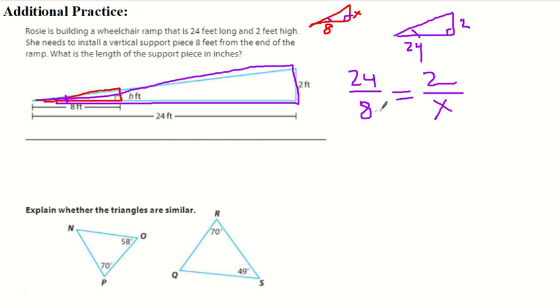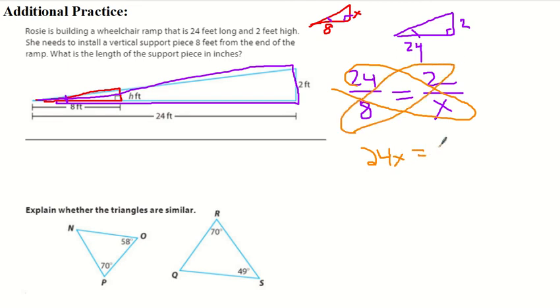So this is the way we would solve it if we don't know exactly what we're multiplying this by to get to here, or what we're dividing this by to get to here. So now I can actually do some cross multiplying. I can do 24x is equal to 8 times 2.